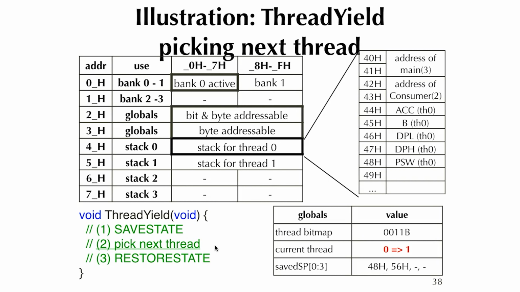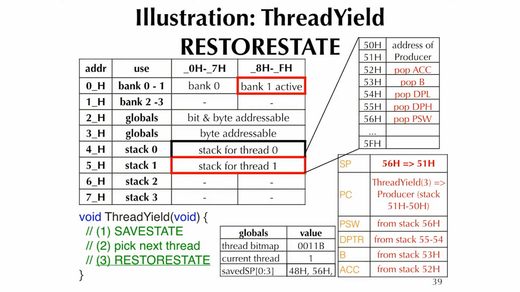However you pick it, that's your policy, okay? And then once it picks a current thread, it can do restore state. Restore state is another macro which does the reverse of save state. So what does it do? It pops off from the top of the stack.